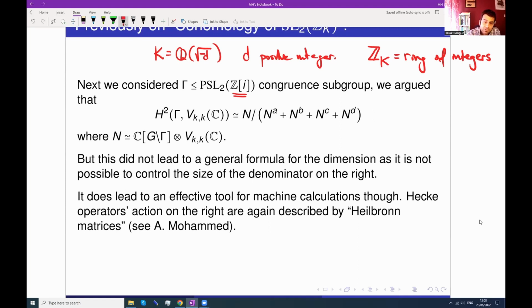And I guess one of the simplest examples is to look at the so-called Bianchi groups, SL2(Z_K). If you take D equals 1, you get the Gaussian integers, and there is a similar game that you could play.